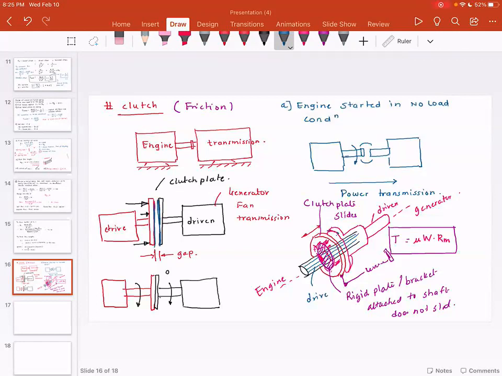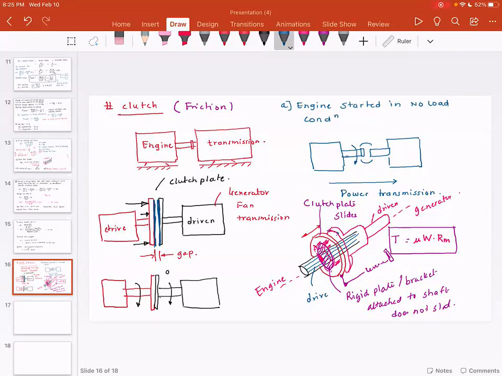Deliberately, they add a frictional surface on the mating surface. So when the friction drops down, the power transmission capability of the clutch drops down, and then the clutch starts slipping.